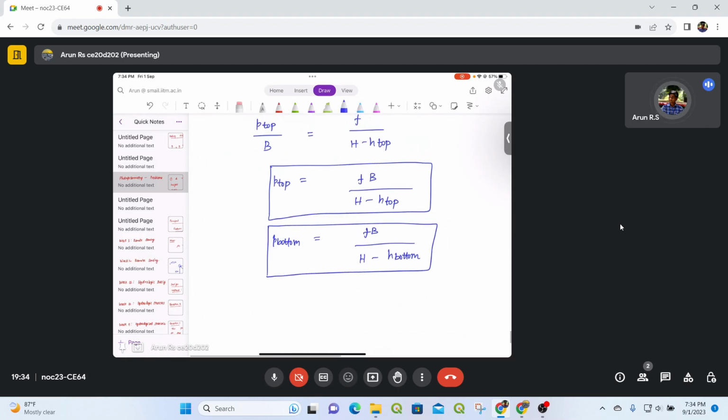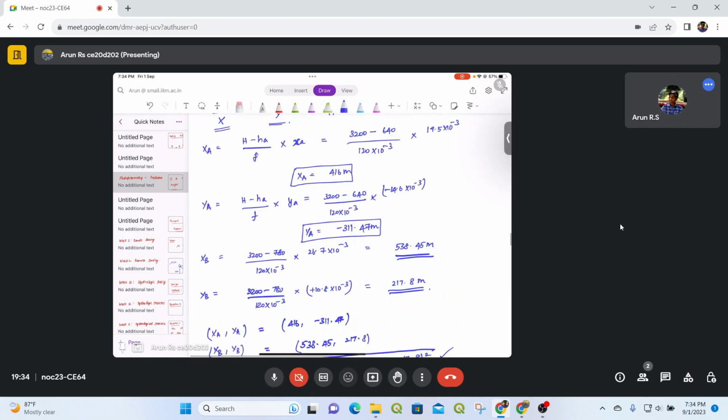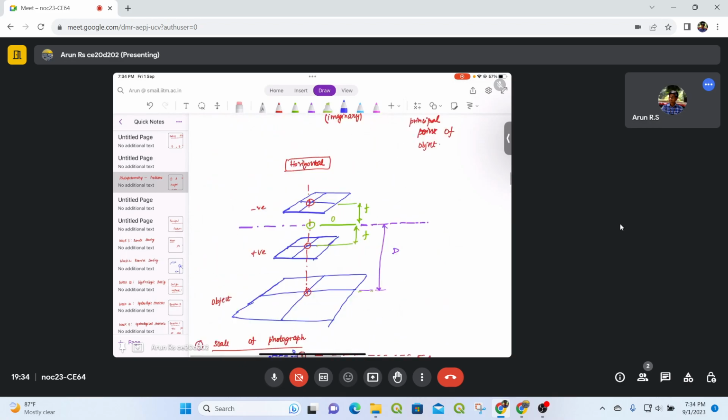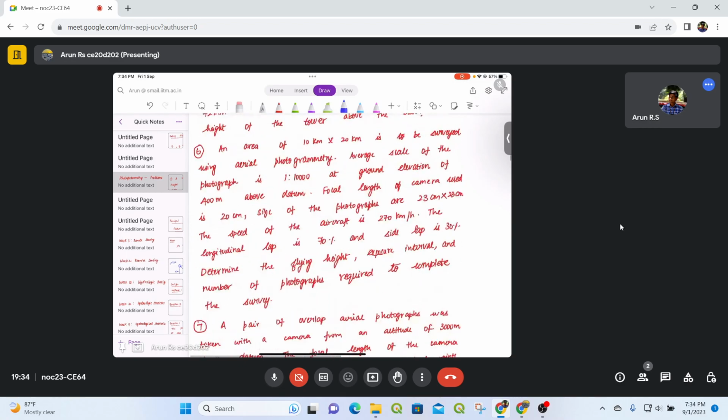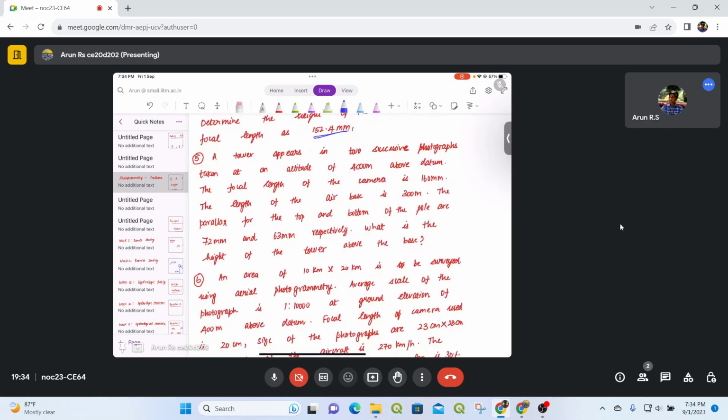Now we can solve one problem related to the parallax. So that is the fifth question. A tower appears in two successive photographs taken at an altitude of 4000 meters above the ground level.